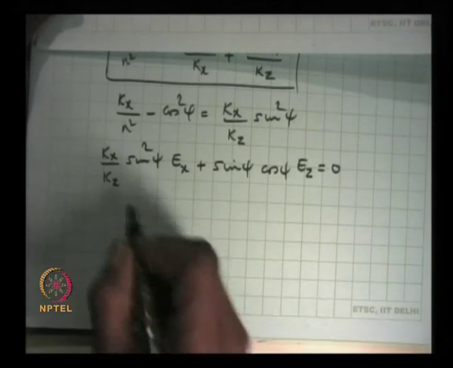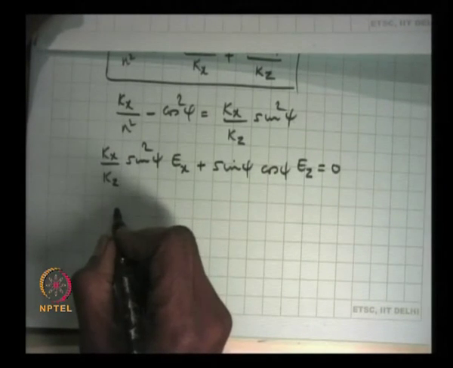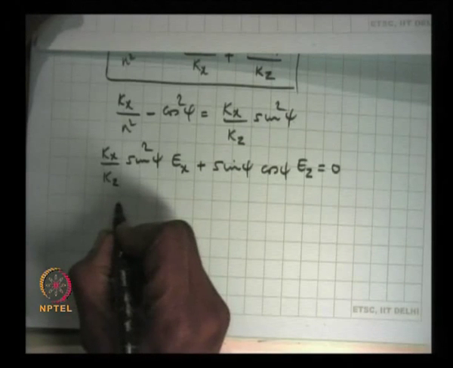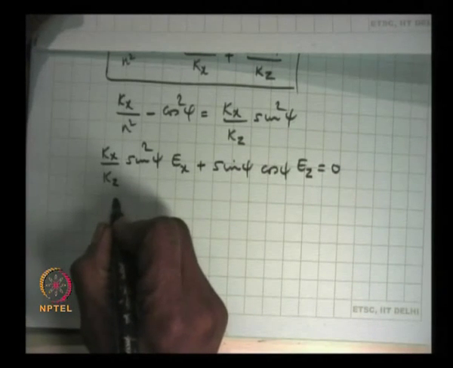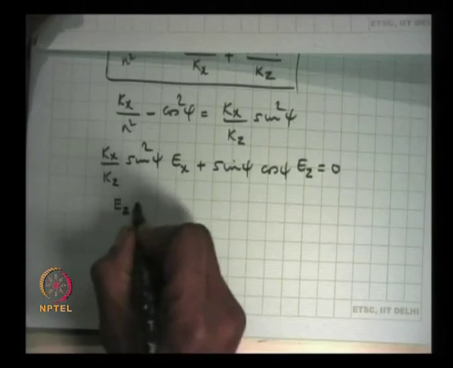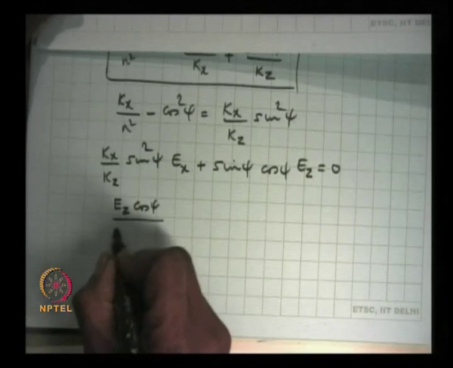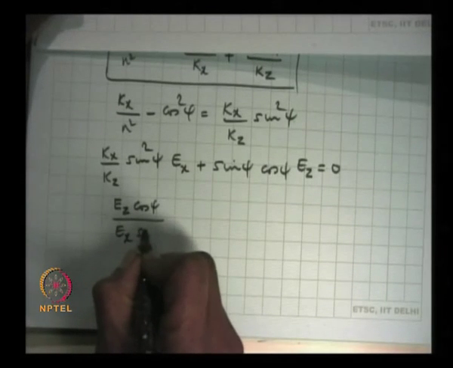So, if psi is not equal to 0, then I can remove sin psi from here and I will get Ez cos psi by Ex sin psi.